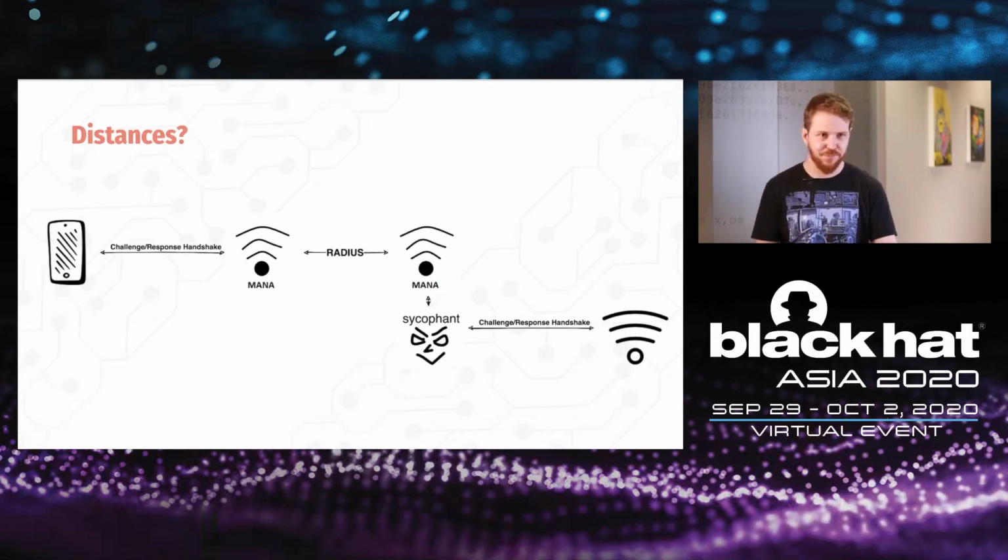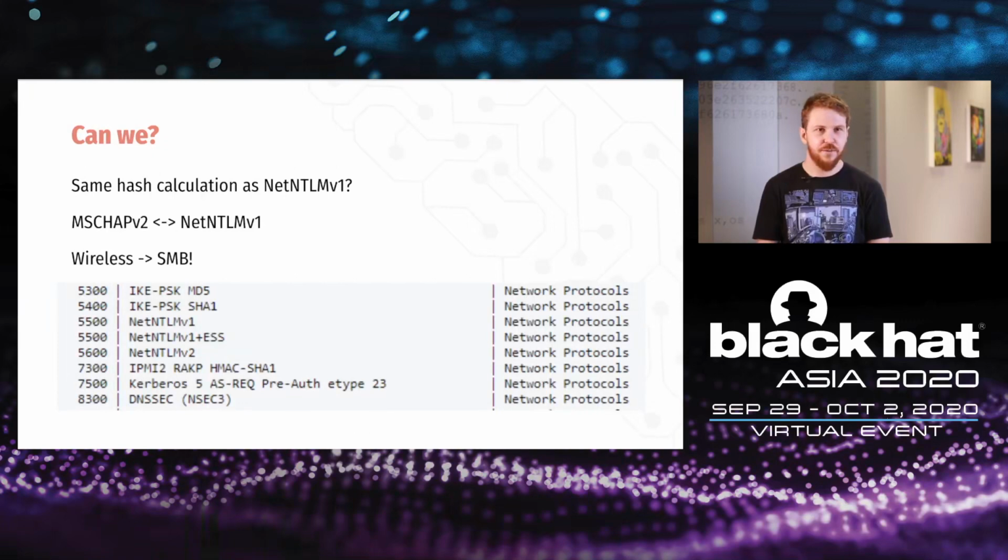So it is possible. The next idea I had was, given that NetNTLM v1 and MSChap v2 crack the same with Hashcat, so they both use hash type 5500, can't we relay from the wireless world to the wired world? Once again, using the idea of throwing a Raspberry Pi in a sysadmin's garden, you trick their device into authenticating to your access point, you relay that authentication, and you pass it off to an SMB server, which will let you ride their authentication.